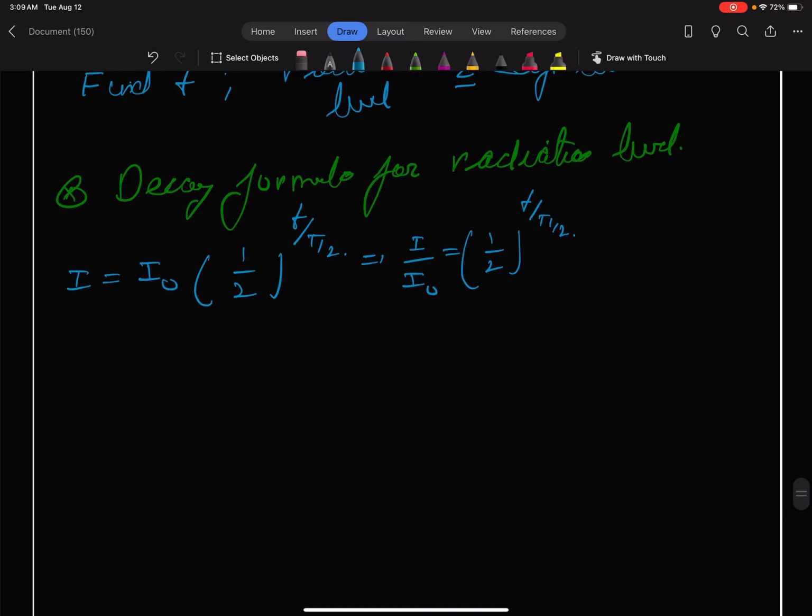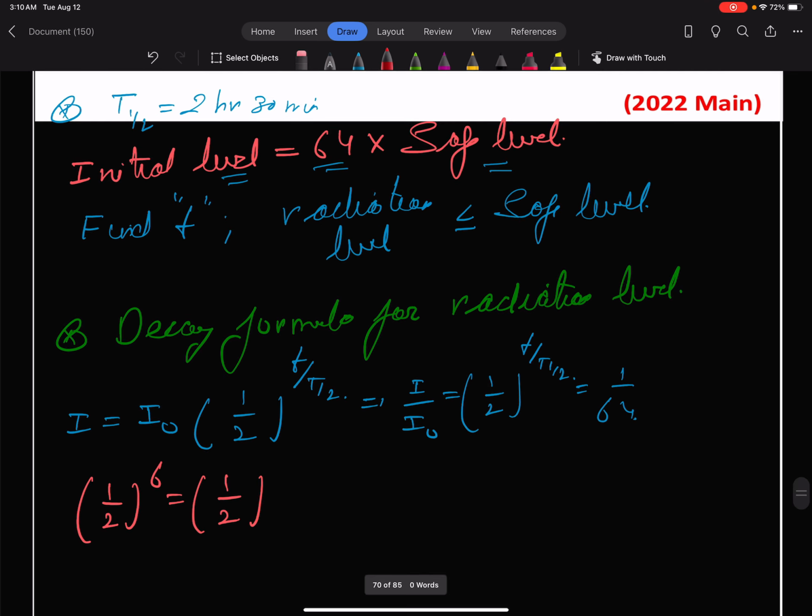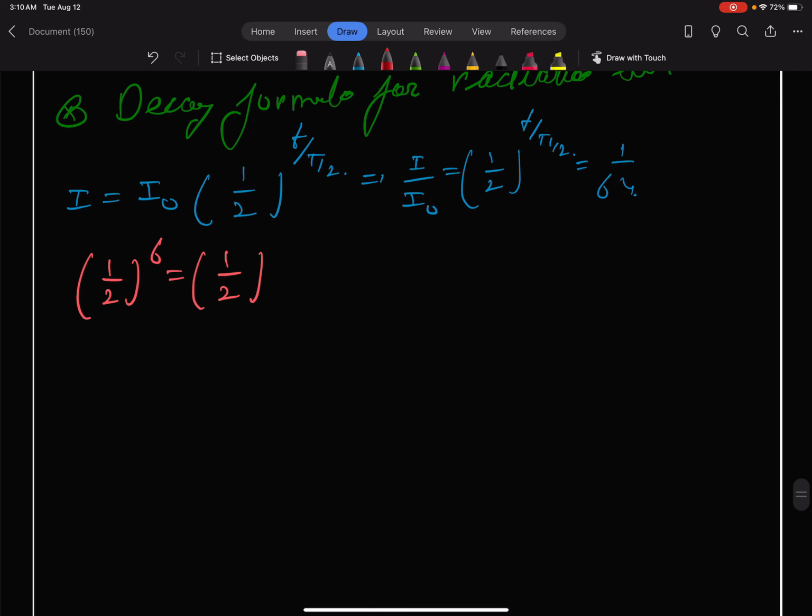So I upon I naught will be equal to 1 upon 64, and this is quite straightforward now. So we can write (1/2) whole raised to power 6 is equal to (1/2) to the power T upon 2.5, as T half is given as 2 hours 30 minutes. Giving us T upon 2.5 is equal to 6, which gives us that the value of T will be equal to 15 hours.